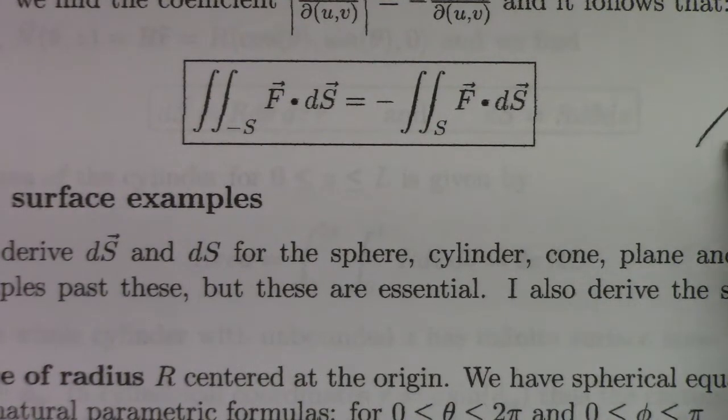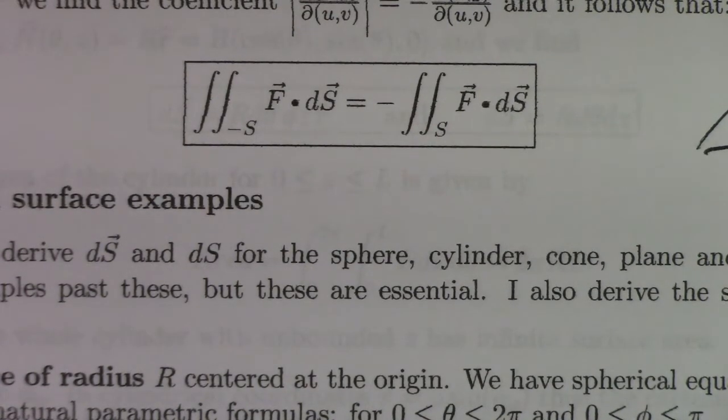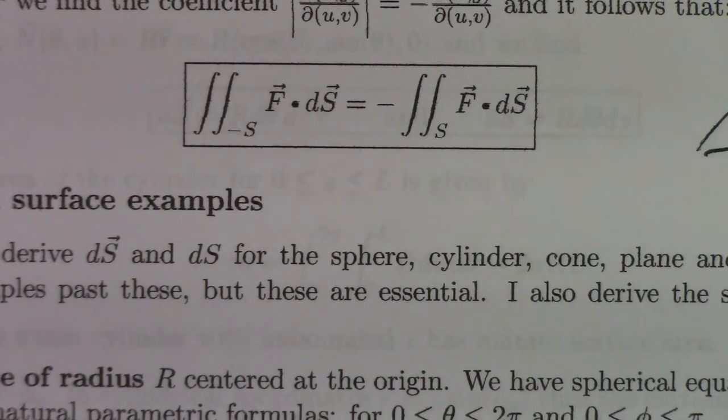once you understand the concept of what flux is, you've got this normal vector field, and then you think about field lines. If the field lines for the vector field are coming through like this, going like that, that's going to give you a positive flux.